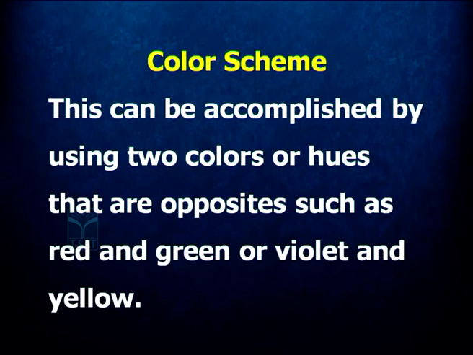Red is a complementary color to green. When you place red and green together, when you juxtapose them, they really react very fast. They create a contrast effect for our eyes. Similarly, violet and yellow.